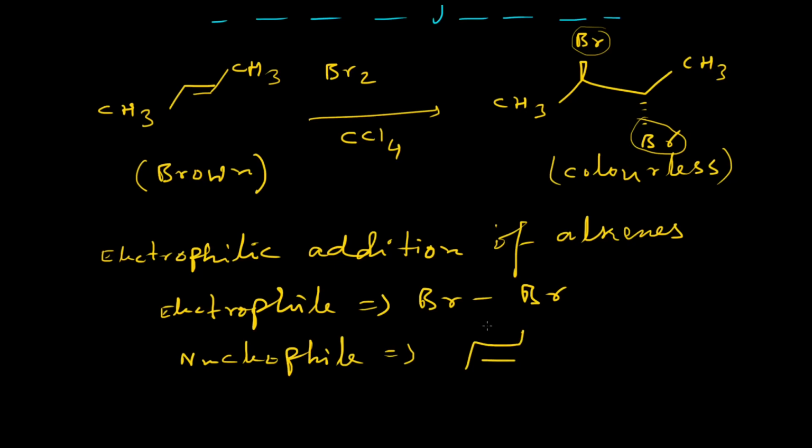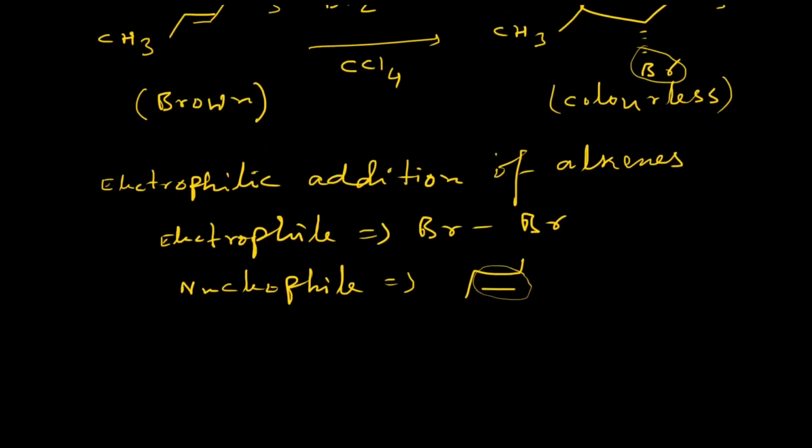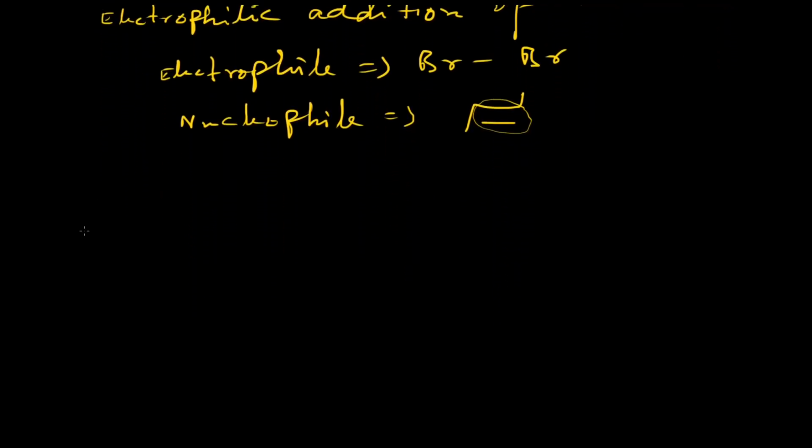So here essentially what is happening is this double bond of the alkene is reacting with this bromine molecule, and the pi bond is dissociating, and after the reaction it is forming two carbon-bromine bonds in the product molecule. So what is the mechanism of this reaction?